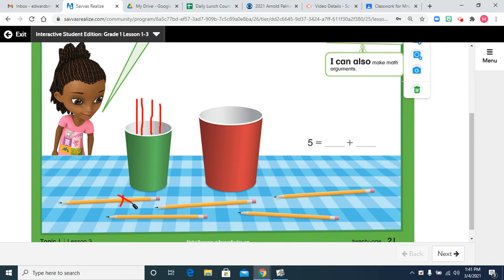So we used 1, 2, 3, 4. So we only have 1 left. I'm going to put that 1 over here. So I've used them all. Okay, so then I'm going to put that into my equation here. So 4 plus 1 more. And we know that 4 that I crossed out plus the 1 equals 5. And if you count these up in here, 4 plus 1 equals 5.